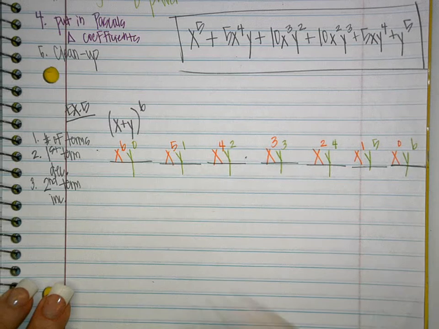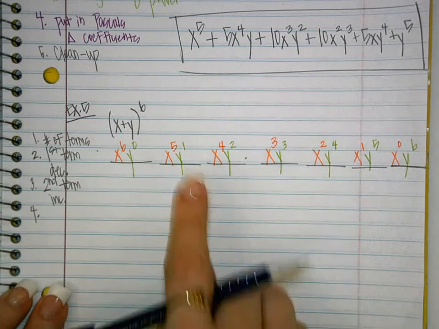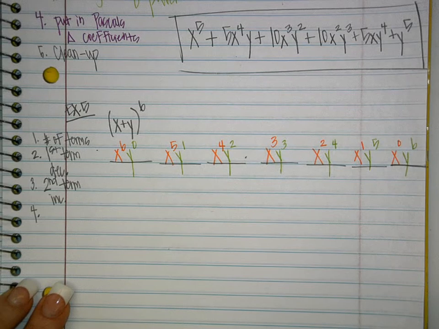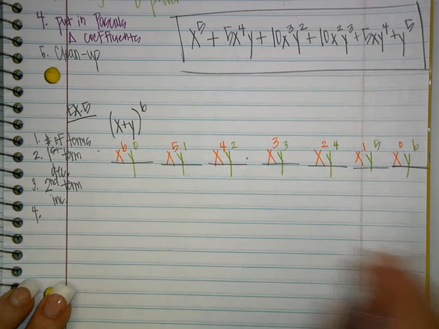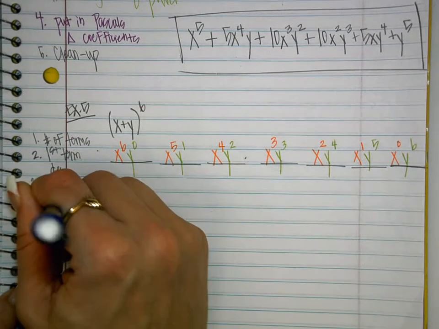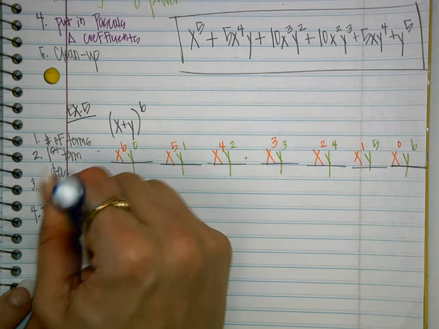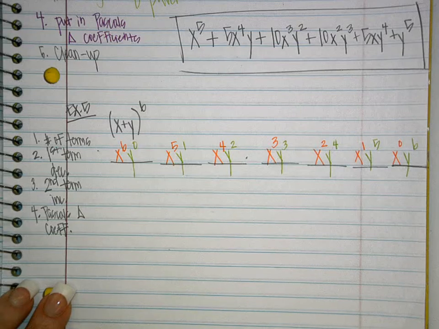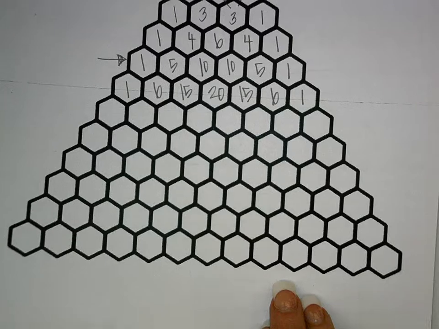What's my next step? So I put in terms, then what do I want? Coefficients from Pascal's triangle. Okay, so Pascal's triangle coefficients. If you have this right here, it should be nice and easy, if you filled it out far enough.